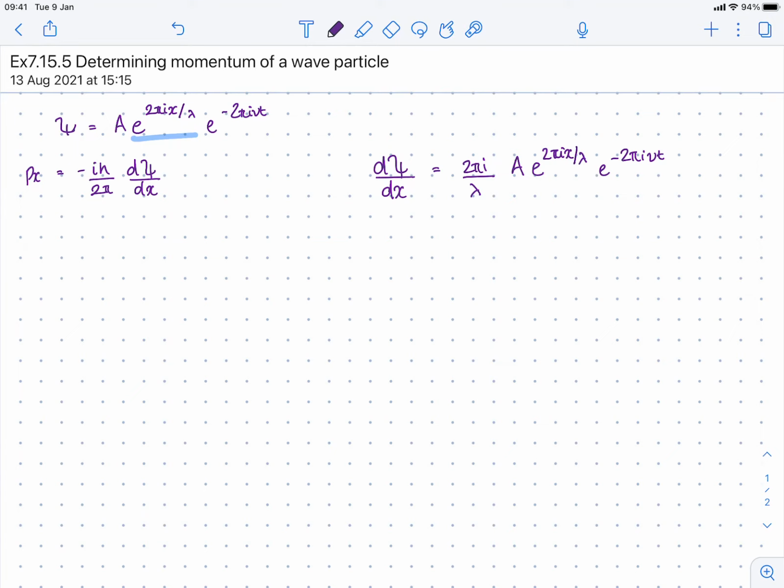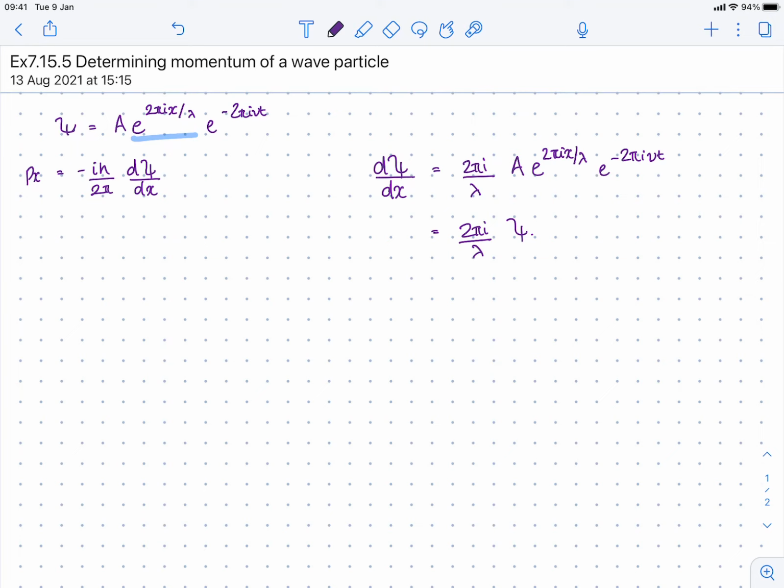And so here what we can notice is the differential of this wave function is actually 2 pi i over lambda times the wave function. I can simplify it all the way down to that.